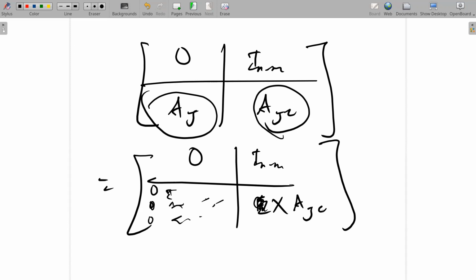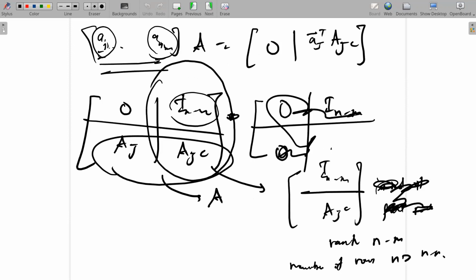So now for this, I have a row vector. This should be fairly straightforward, I think.